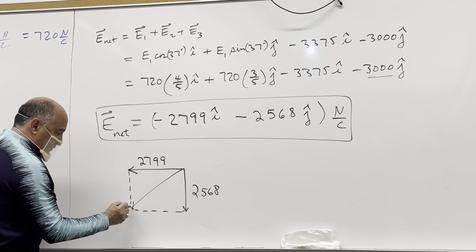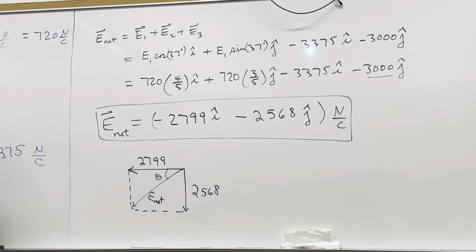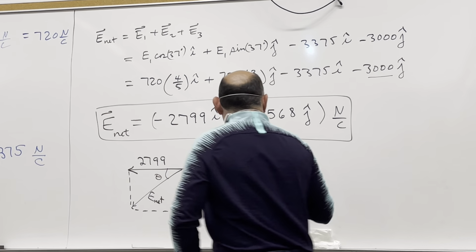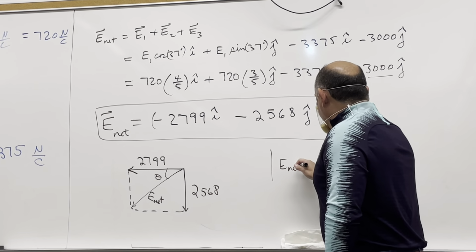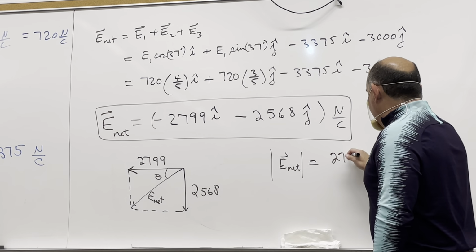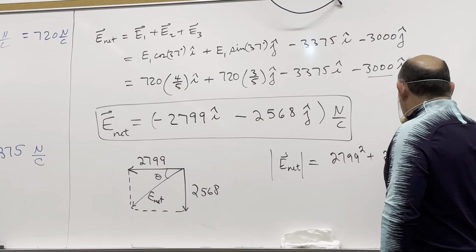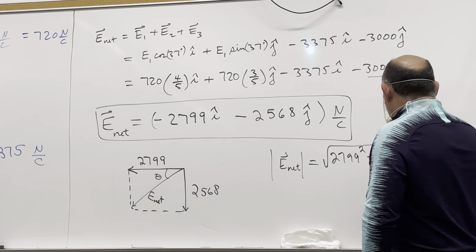So the net electric field is this in magnitude, and we can specify that direction. The magnitude of the net electric field is, well, Pythagoras theorem, right? 2799 squared plus 2568 squared, square root.